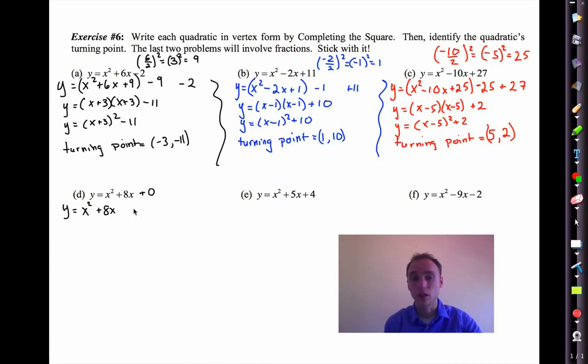Adding 0 doesn't change anything. So if I find my c term, I take my 8, divide by 2, and square it. And then I'll get 4 squared, or 16. So I'll add my 16 and group these guys together. But I can't forget to subtract the 16.